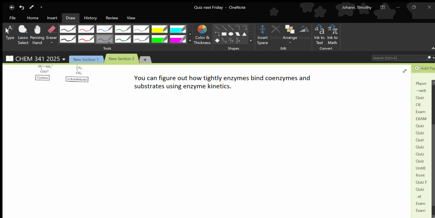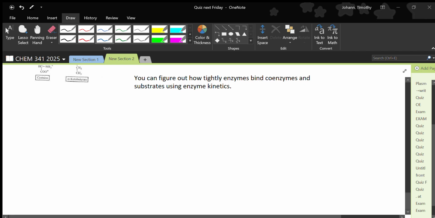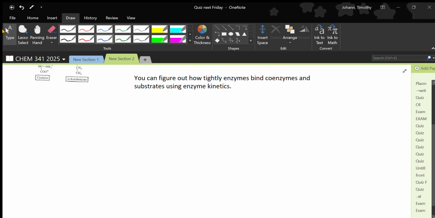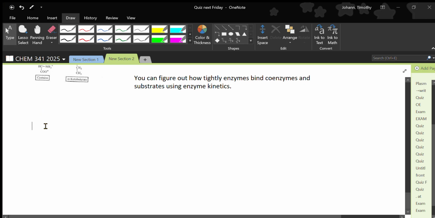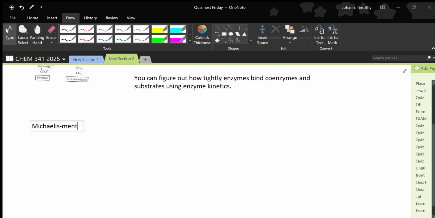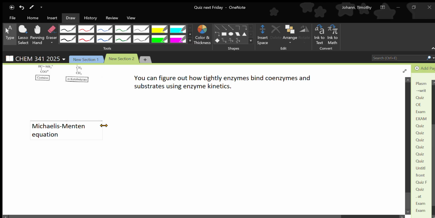So what we're after here is what's called the Michaelis-Menten equation. All right, so we have the Michaelis-Menten equation.